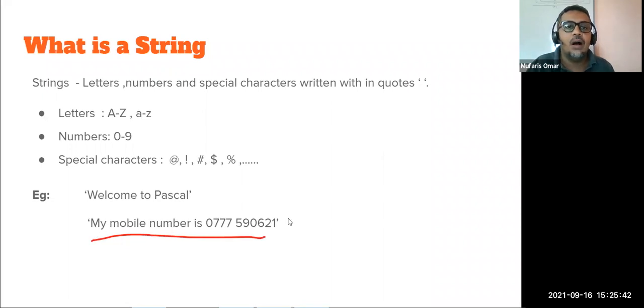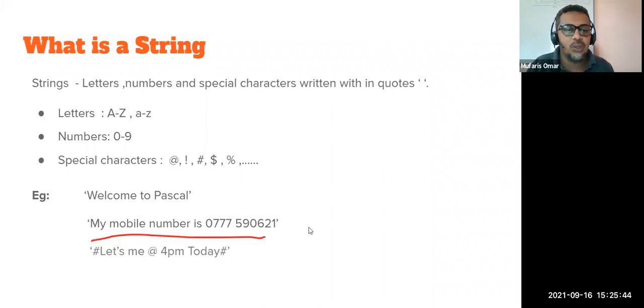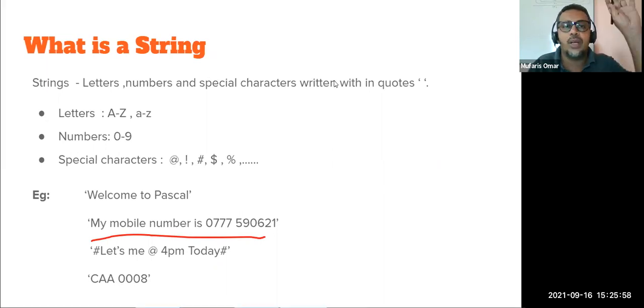Third one: let's meet at 4 p.m. today with hash signs, that's also a string. Or you can say just a number and letters, CAA 008, that's also a string. Okay, can you raise your hands if you understood this?